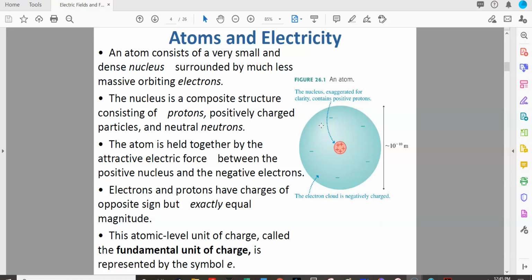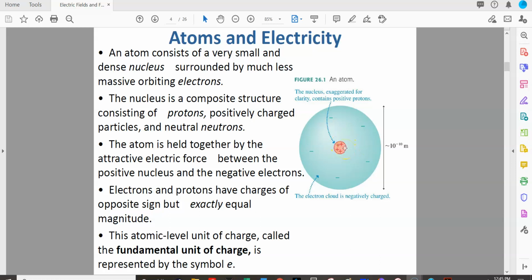It's more like a cloud, really. You can't really know the position and the speed of an electron at the same time. Inside the nucleus there are protons and neutrons stuck together. That's what makes up a nucleus.